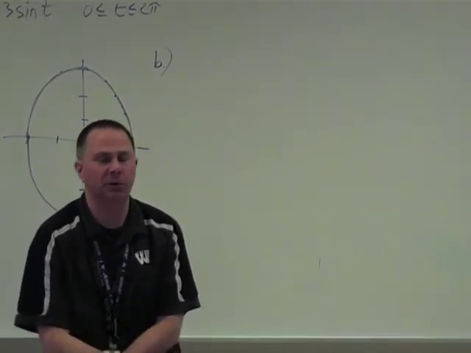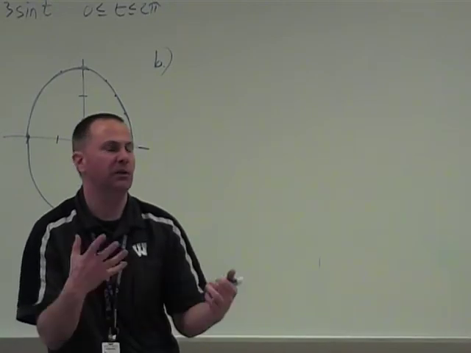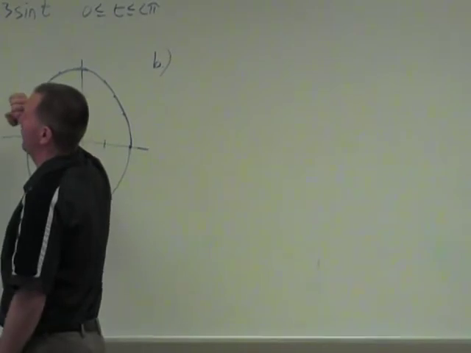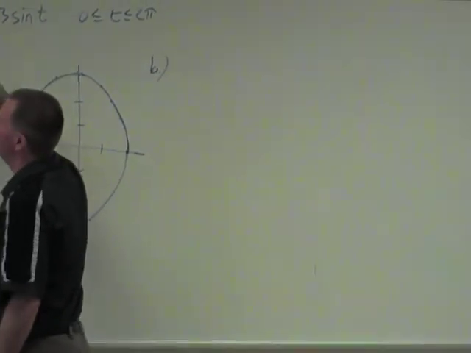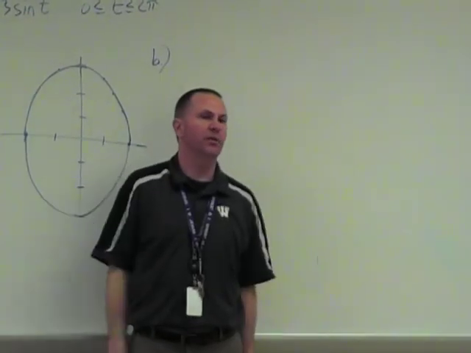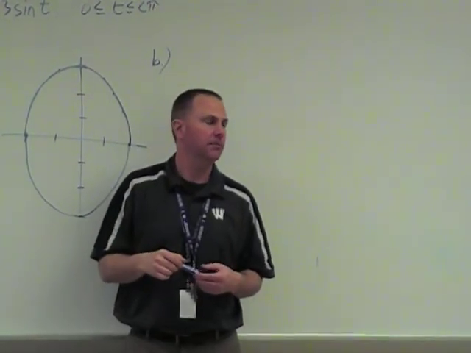It is not possible for me to show you every single problem. You're going to have to look at this and go, okay, what of my Pythagorean identities can I use? If I have cosine and sine, what would be wonderful? What Pythagorean identity deals with sine and cosine?